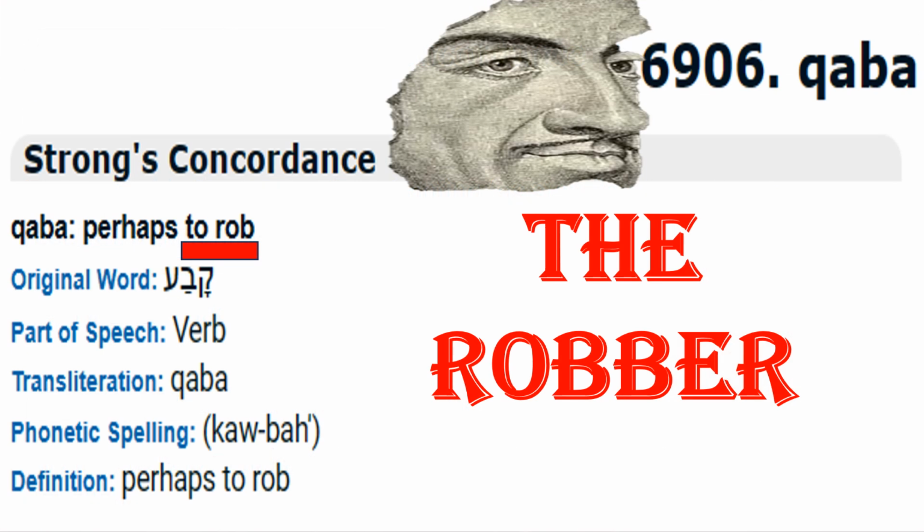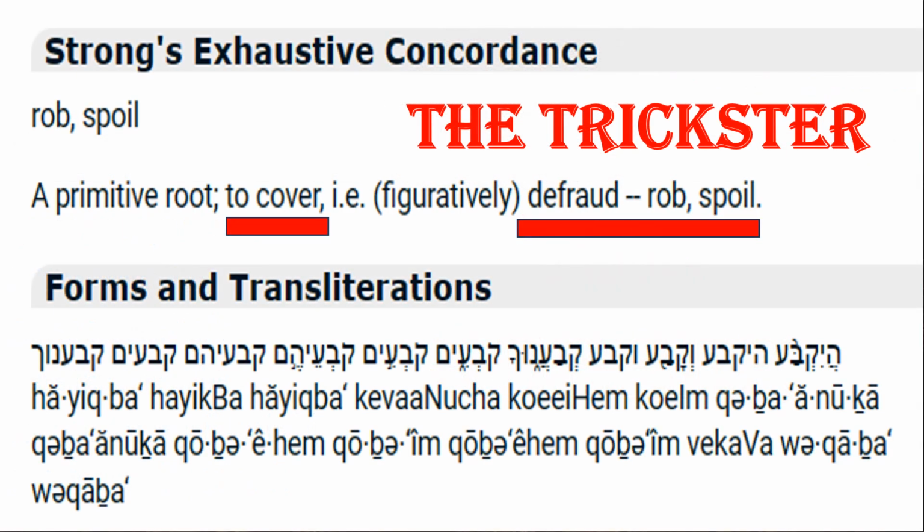This only gets worse, it doesn't get any better. And so you see this root of cabal, meaning to rob. Okay, this is at Strong's 6906. Continuing on, we see that cabal is another way of saying to rob something, to spoil something, to cover, to defraud.